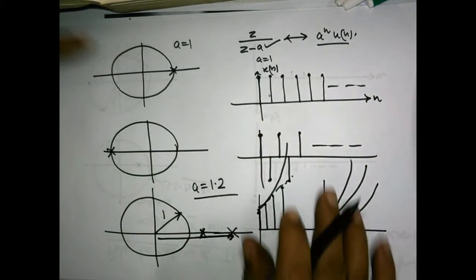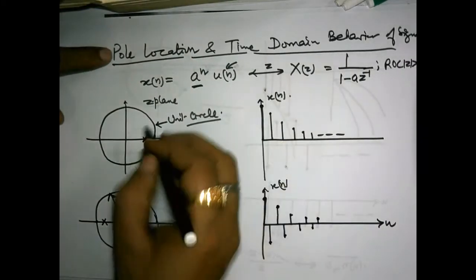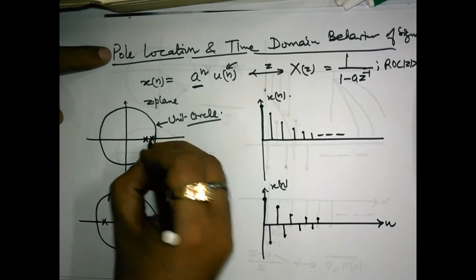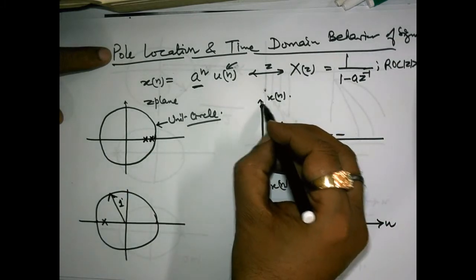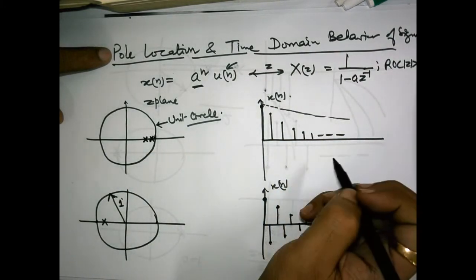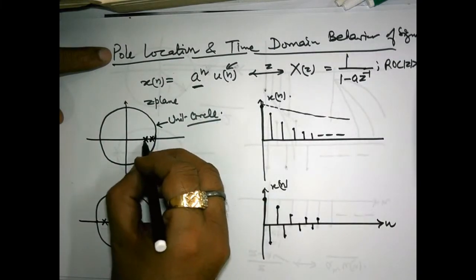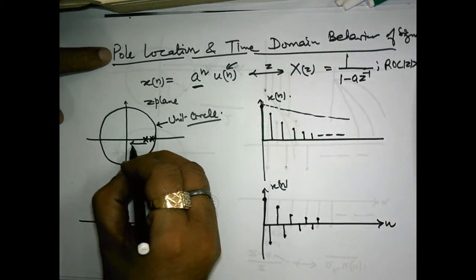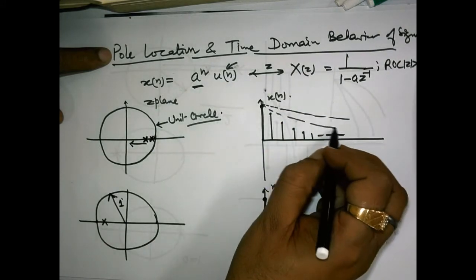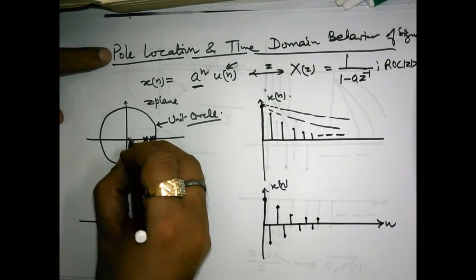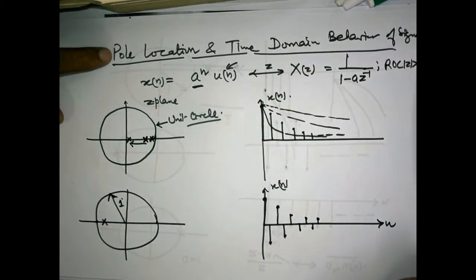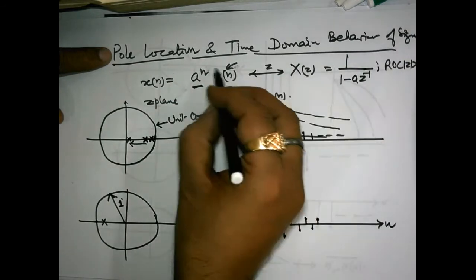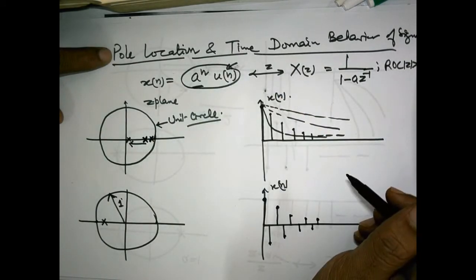Similarly, if this pole is found closer to the unit circle, the rate of decay will be slow. And if it goes closer to the origin, the rate of decay will be faster. If it is very close to the origin, the rate of decay will be something like this. Getting my point? Because this is a^n u[n].